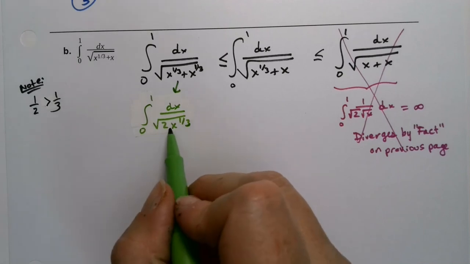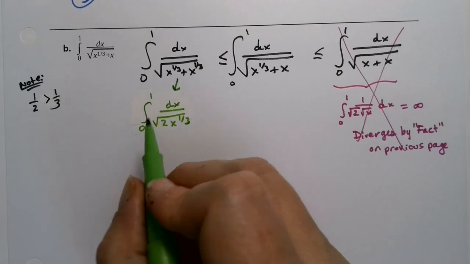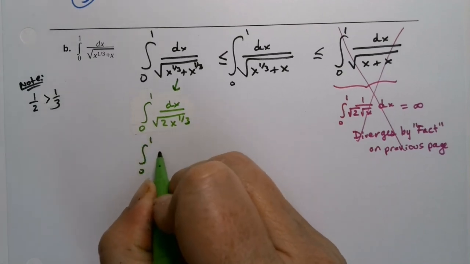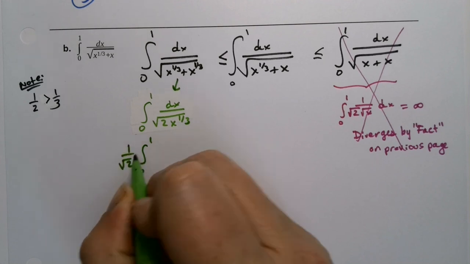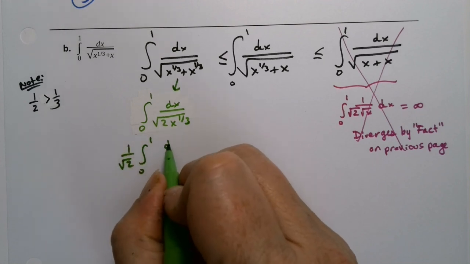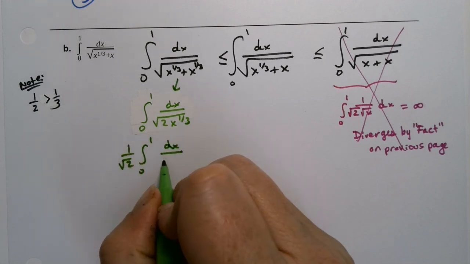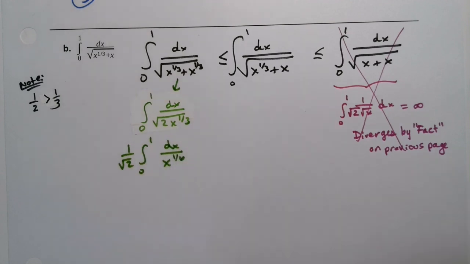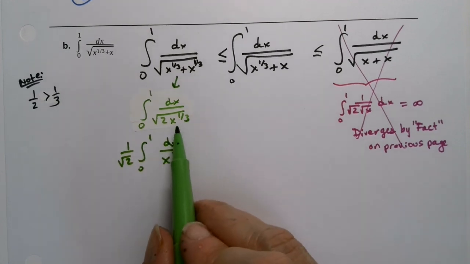Okay, but again, let's see, write this. This is 0 to 1. It's 1 over the square root of 2, because that constant just comes out, dx over x to the 1/3 to the 1/2, which is x to the 1/6, a third to the half.